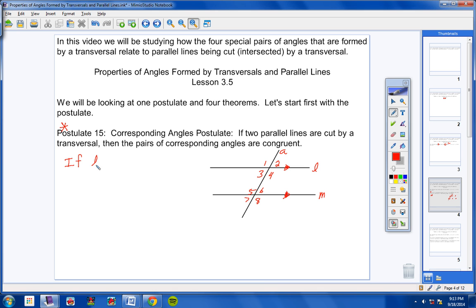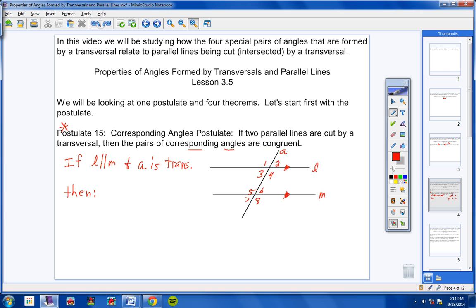If L is parallel to M and A is a what? Transversal. Got it? So if we have two parallel lines and A is a transversal, then what happens? Corresponding angles, here it is, corresponding angles are congruent.